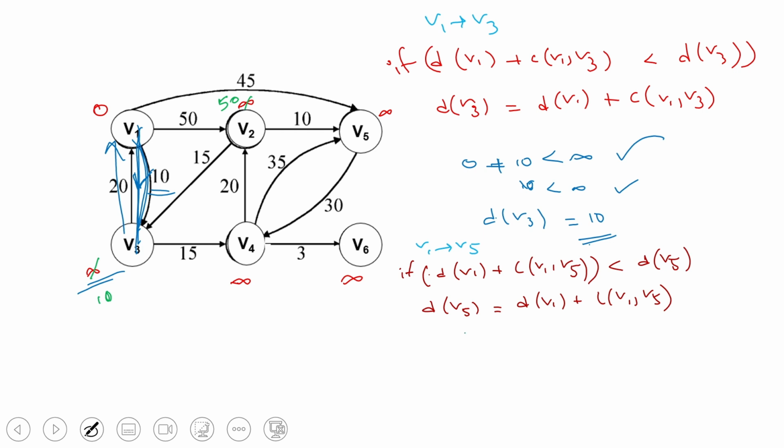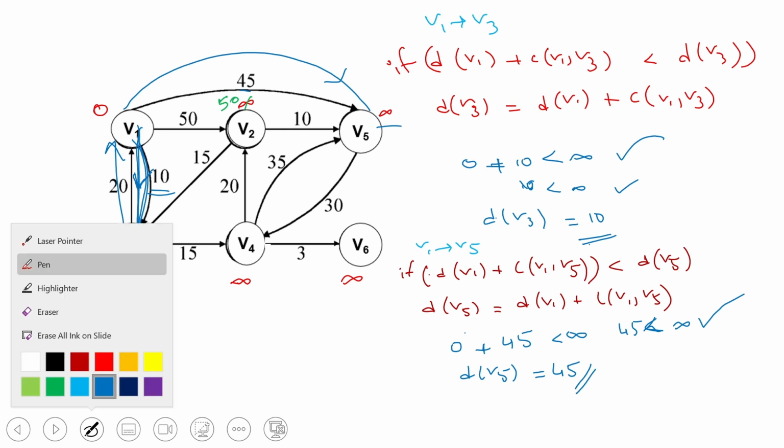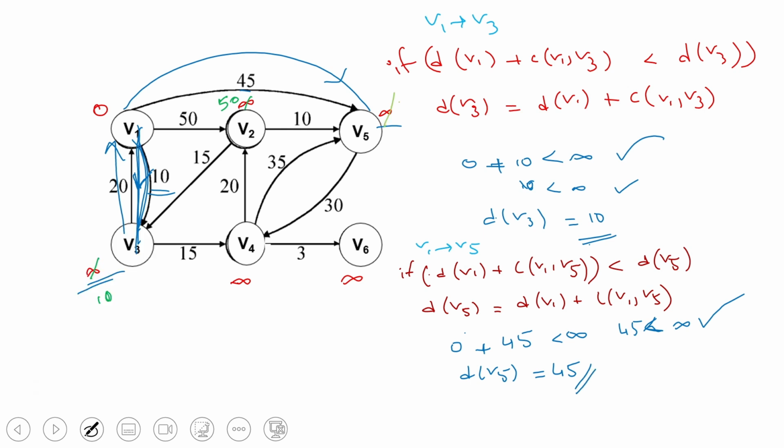Distance of v1 is 0, obviously. v1 to v5, what is that? 45, which is less than distance of v5, already infinity. So obviously this is true. 45 is less than infinity. Yes, it is true. So distance of v5 is 45. Let's update this value. It's 45. Am I right?